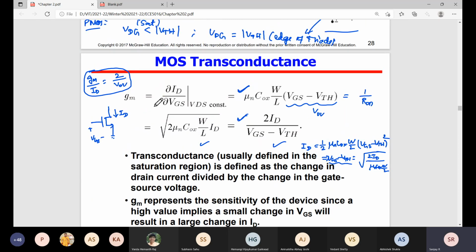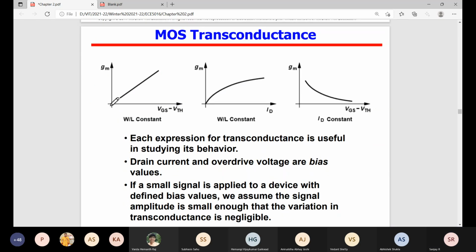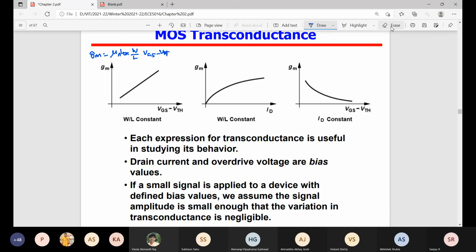Now with these three expressions, we can plot the transconductance. We will see one by one. The first expression is gm equal to mu n Cox W by L (VGS minus VT). Mu n Cox is a device parameter.